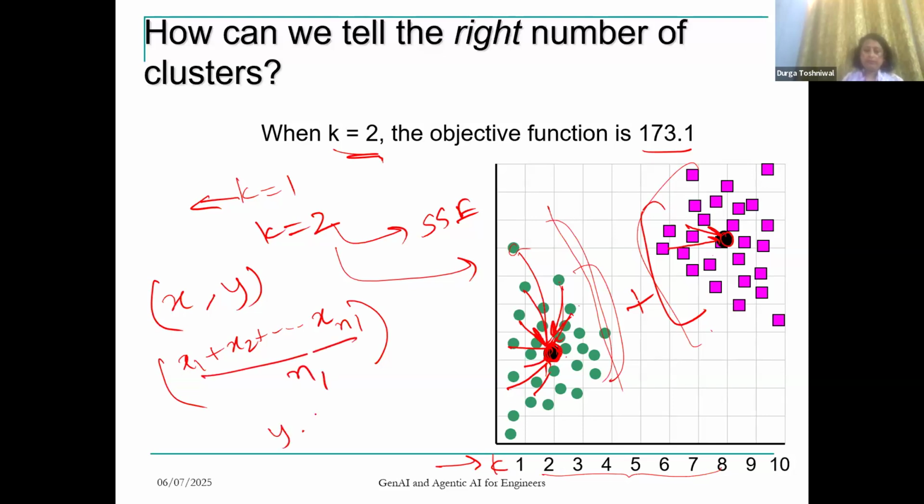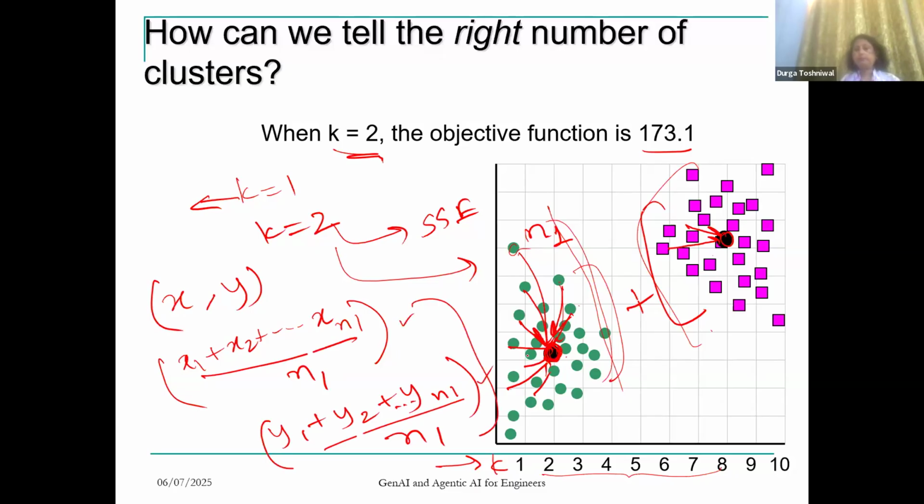And similarly, I'm going to find out the mean for the y, for all n1 points, and based on that, this point will be the mean point. Similarly, for all these points, again, I have to find out the mean of all the attributes to find out this point. Now, after I have found out these 2 points, these will be the means.